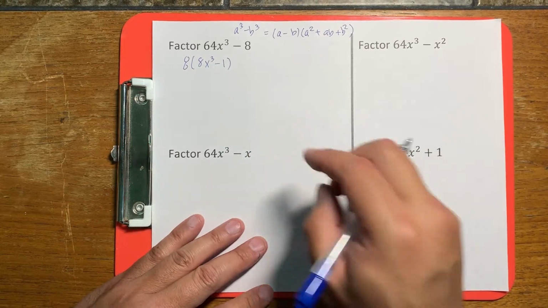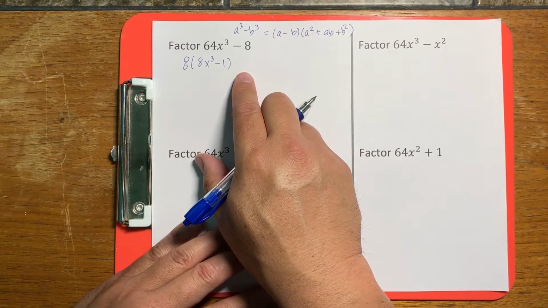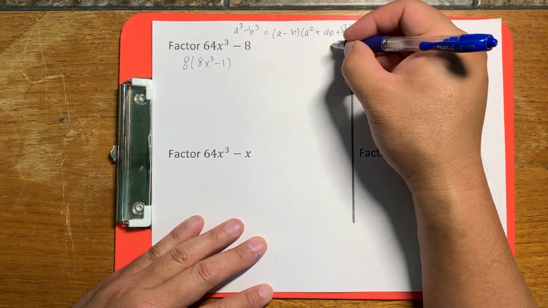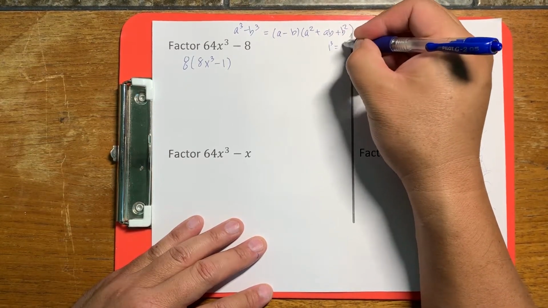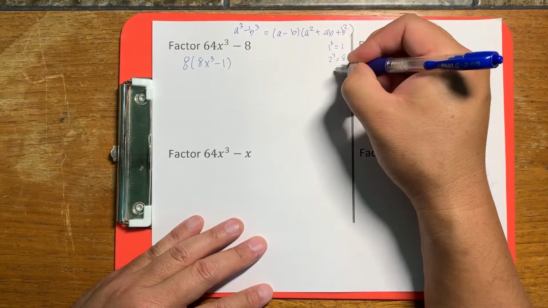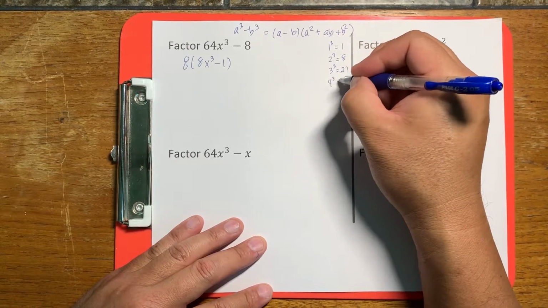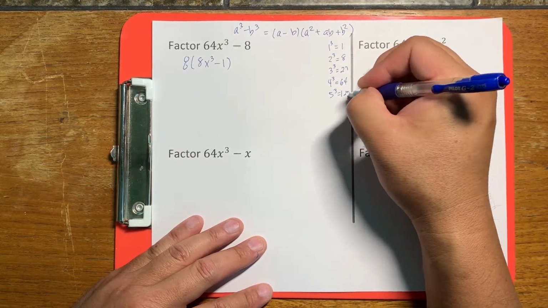Now, in this case, we have to find out what the a and b is. So the a, well, let's go through our list of cubes. 1 cubed is equal to 1, 2 cubed is equal to 8, 3 cubed is equal to 27, 4 cubed is equal to 64, and 5 cubed is equal to 125.